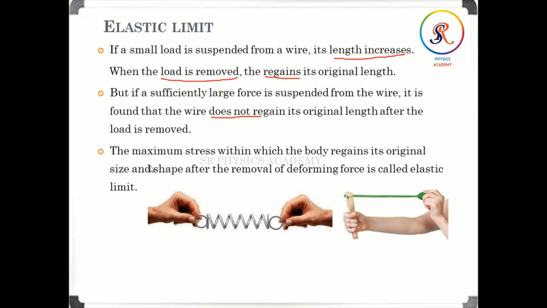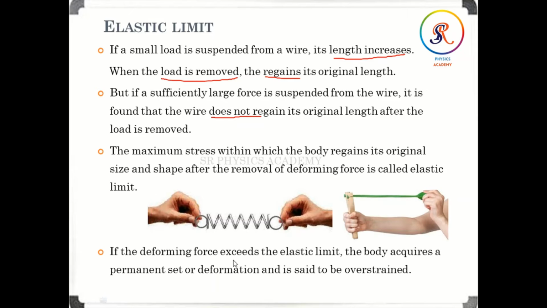So what is the elastic limit? It is the limit up to which the body regains its original dimension after the removal of external force. Okay, is it clear?